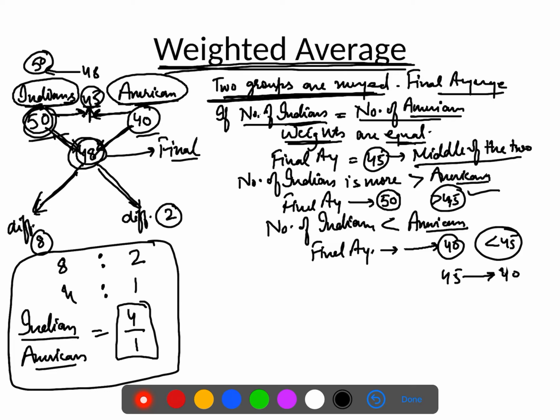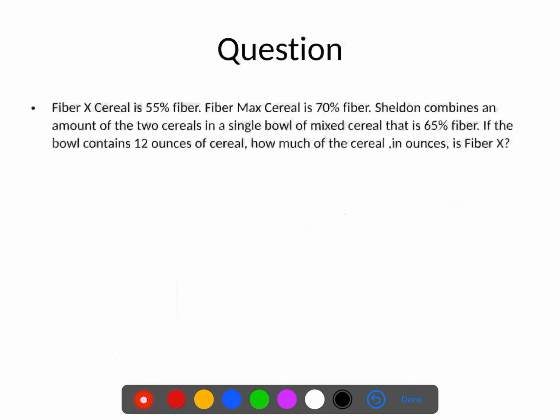Let's take a few examples and see how we can visualize the situation, how we can identify that a particular question will be done by this method. Fiber X cereal is 55% fiber, Fiber Max cereal is 70% fiber. So two kinds of cereals are there. Sheldon combines an amount of the two cereals in a single bowl. So Fiber X and Fiber Max are combined to make a bigger single bowl.